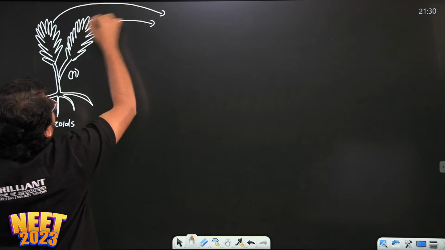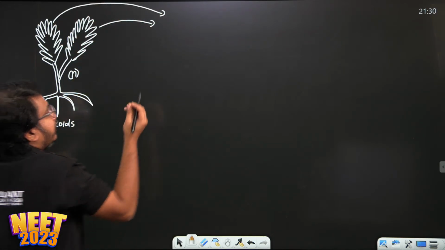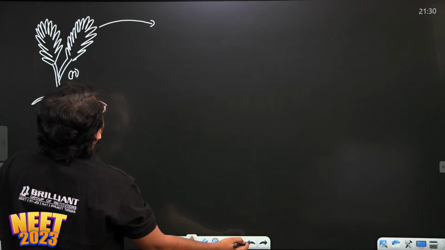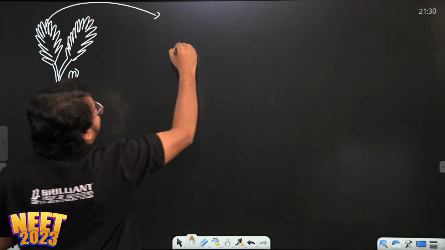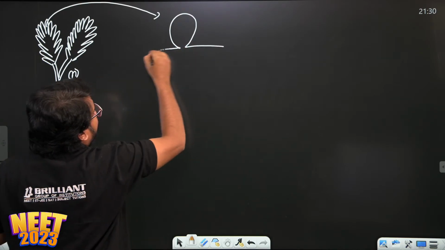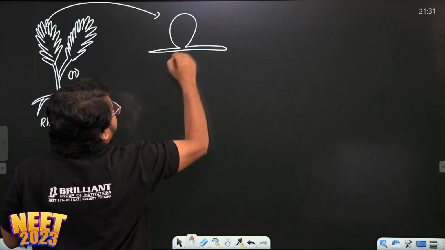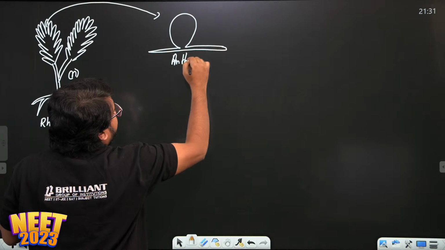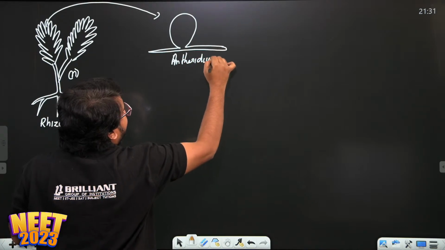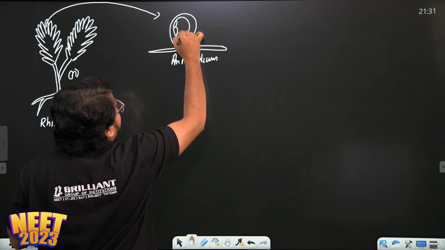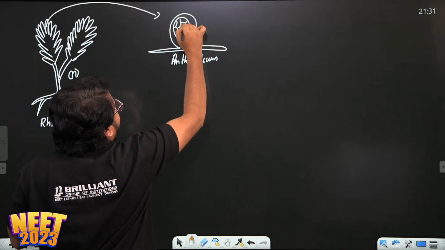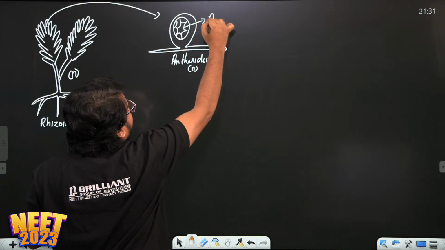Just imagine the male sex organ present at one apex. The male sex organ coming at this apex is the antheridium, a globular structure, the male sex organ. Inside the antheridium there are some cells called antheridial mother cells.